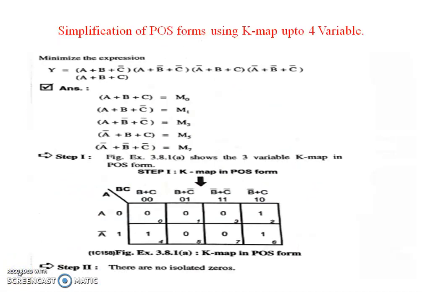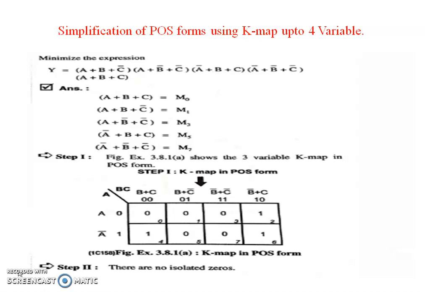Now we solve the next example, that is simplification of product of sum form using K-map up to 4 variables. In our previous lecture we discussed minimization of product of sum form using K-map up to 4 variables.